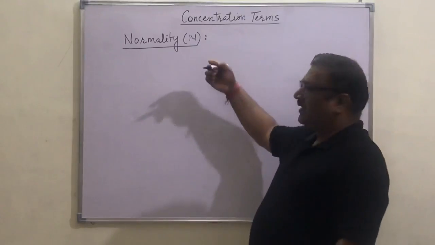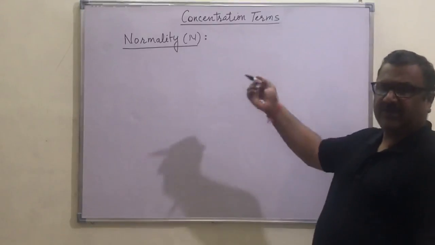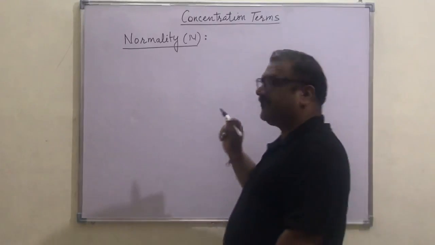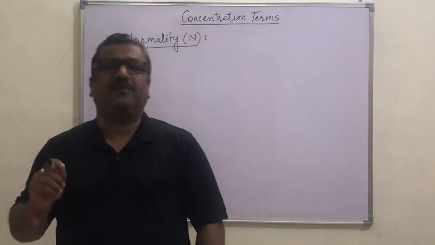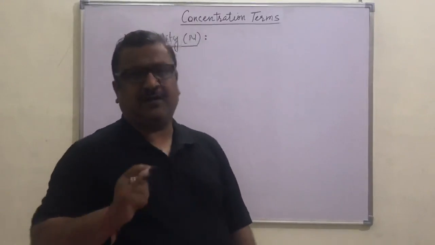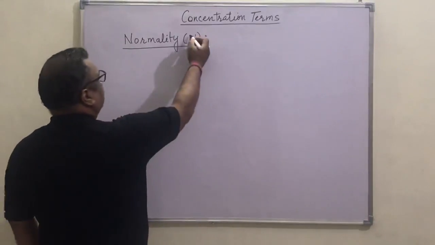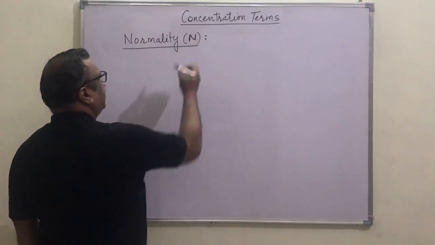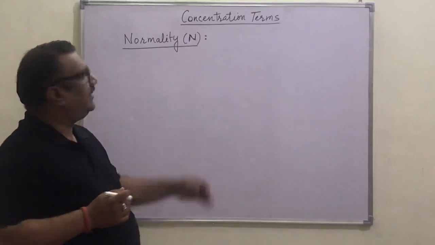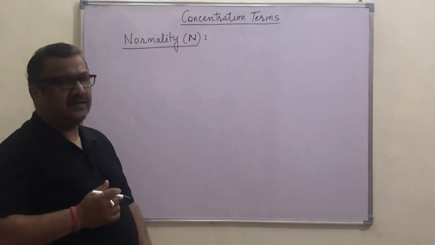Although other terms are also useful, normality is one of the most important concentration terms which we use during numerical problems. Normality is expressed by the symbol capital N. Molarity was capital M. It is normality, which is capital N.